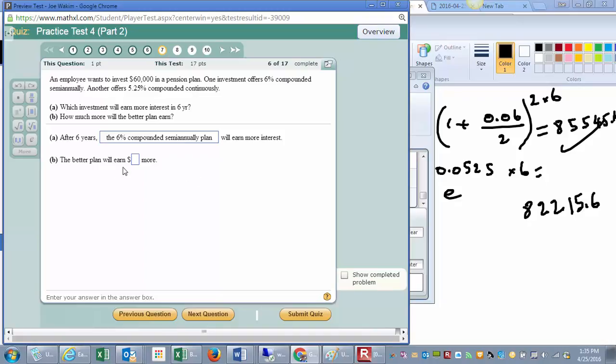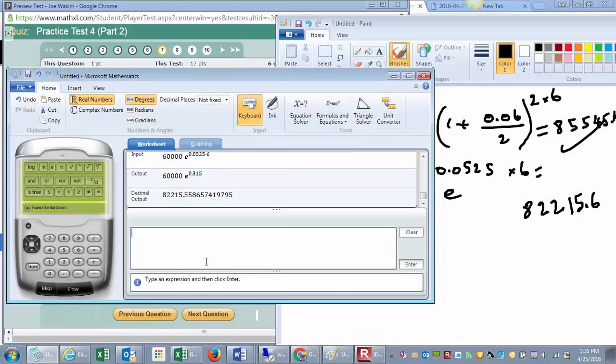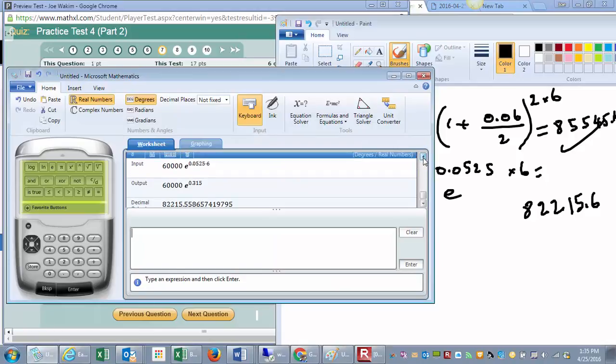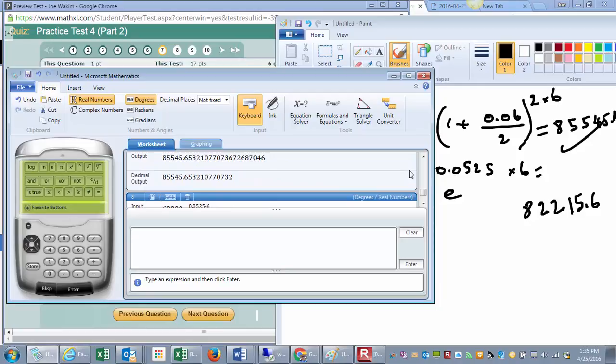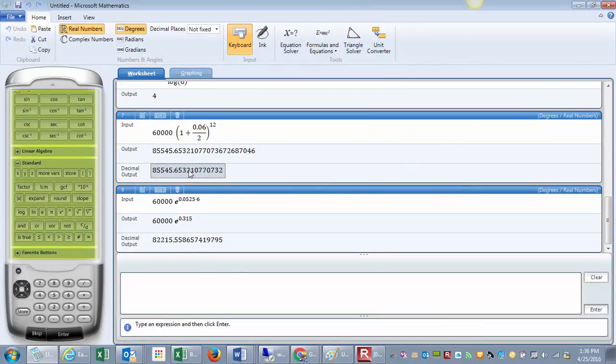And the better plan will earn how much more dollars? We're going to subtract. So this is the one that we got with the 6%. Alright, let me see if I can do this. Okay, this is 85,545 minus the decimal here.